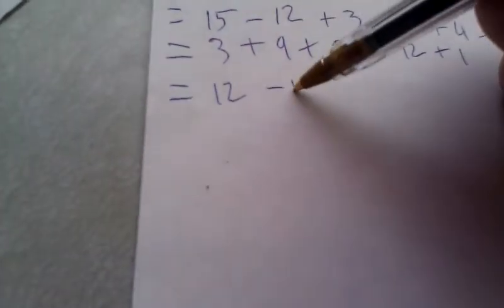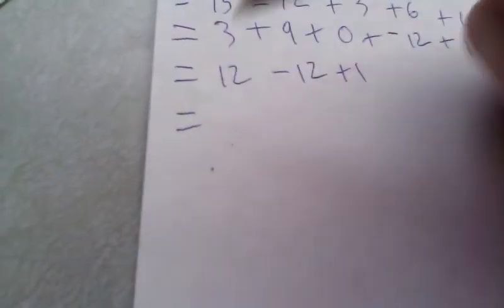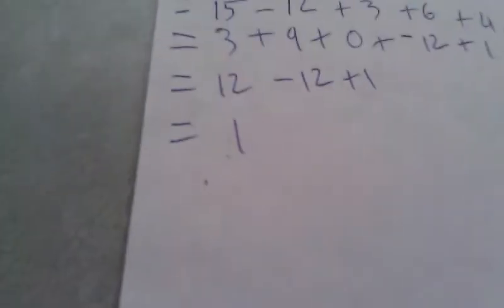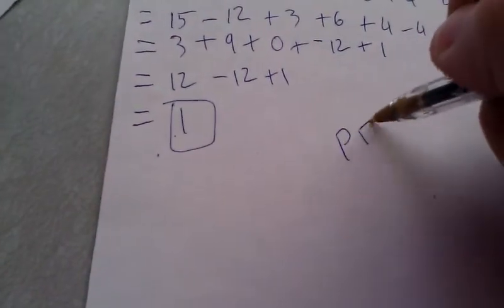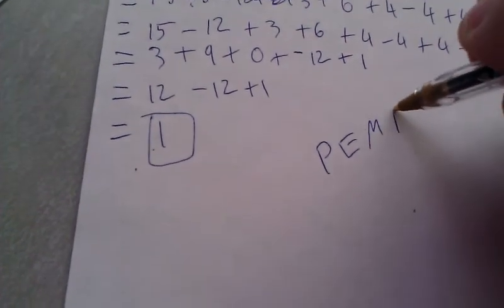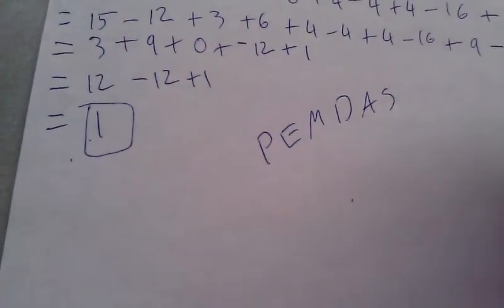So we have 3 plus 9, which is 12, minus 12 plus 1 equals 1. That big equation. 1 by PEMDAS.